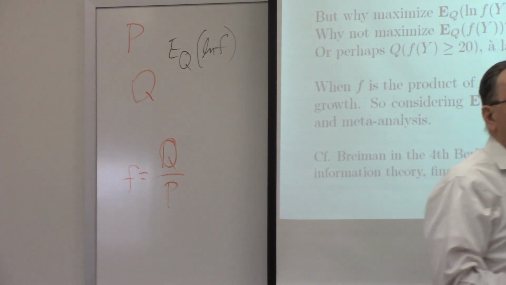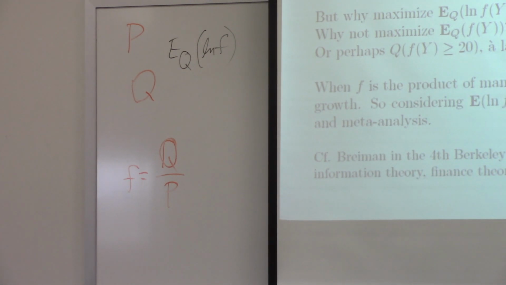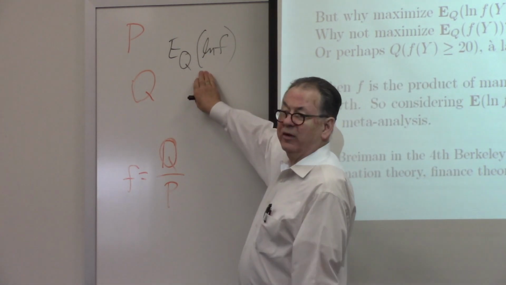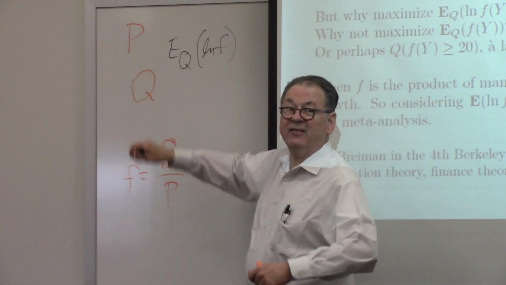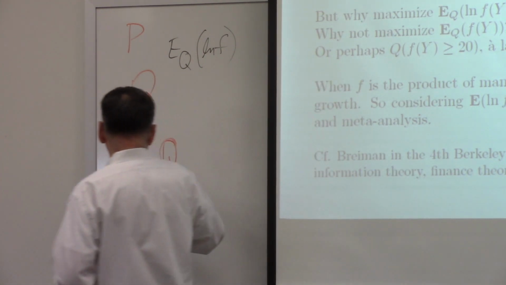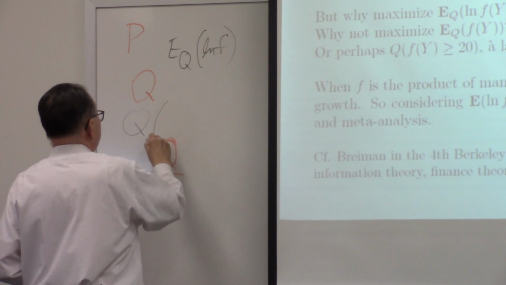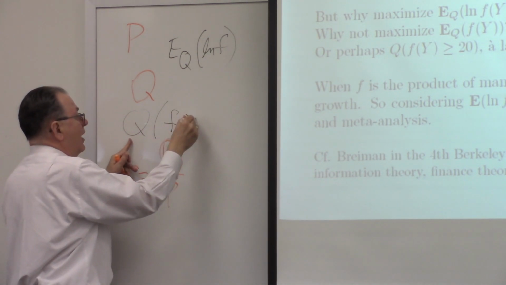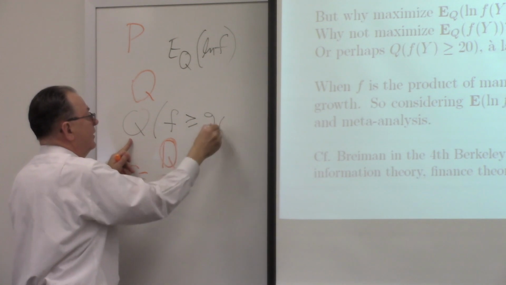So if I choose to make Q over P my bet, it looks like I'm trying to maximize this quantity. I could maximize something else. I could instead maximize the probability under Q that my bet comes out bigger than 20.